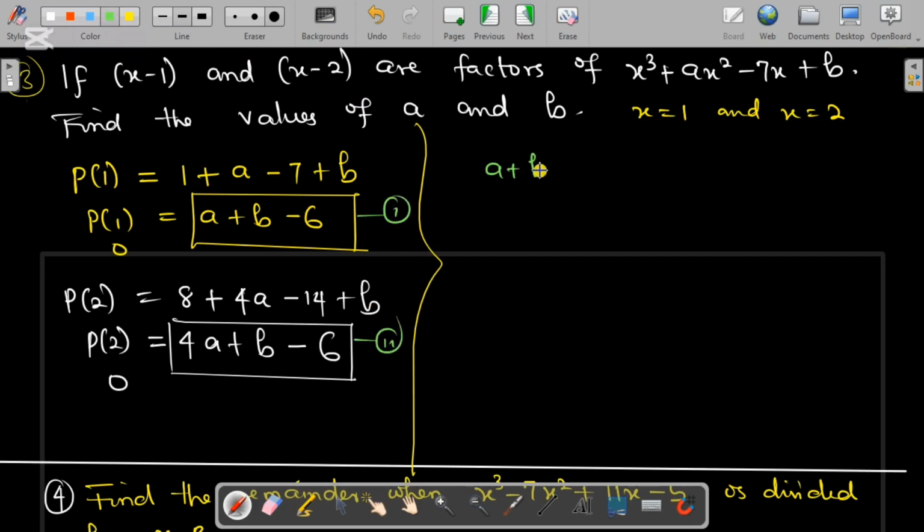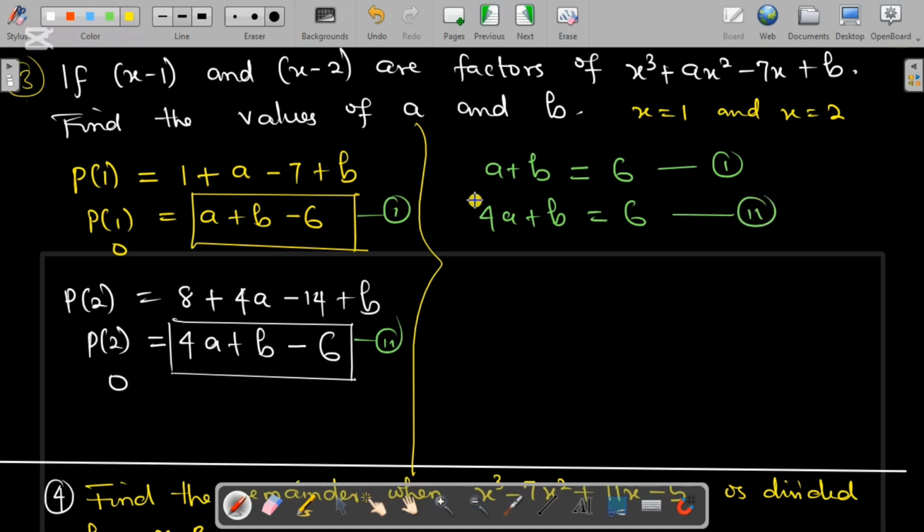So a plus b is equal to 6, because since here is 0, if you transport this minus 6 to this side, you will get plus 6. Okay, so this becomes equation 1, and then from here you will get 4a plus b is equal to 6 also as equation 2.